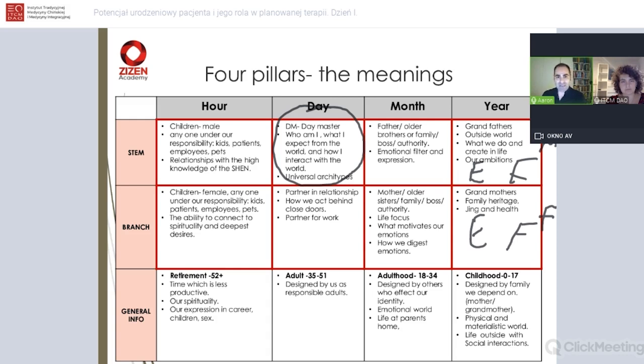And the season, because it goes in cycles, has a very strong energy, the month we are born or the season we are born into, so it reflects a very strong power that we have on the day master. And I will say also that it even represents the focus or the life focus that we have.